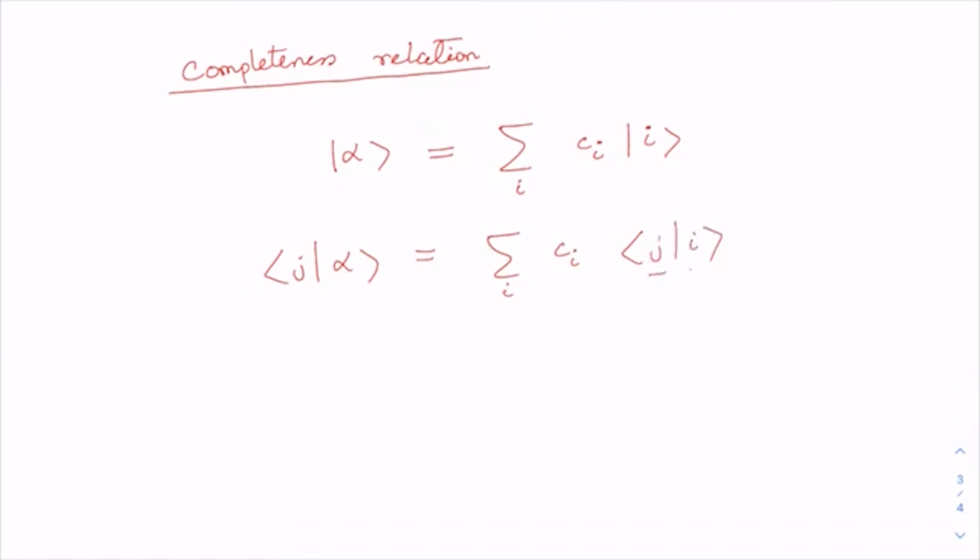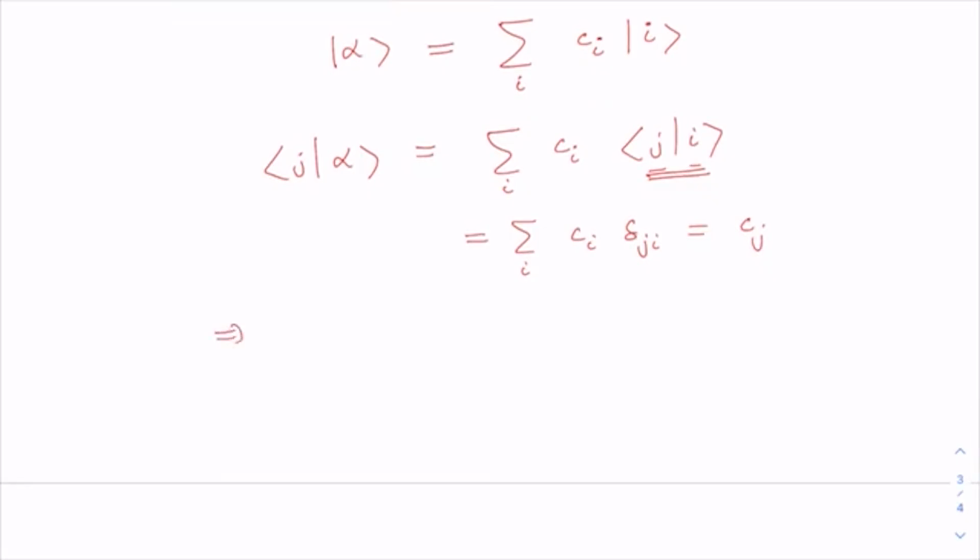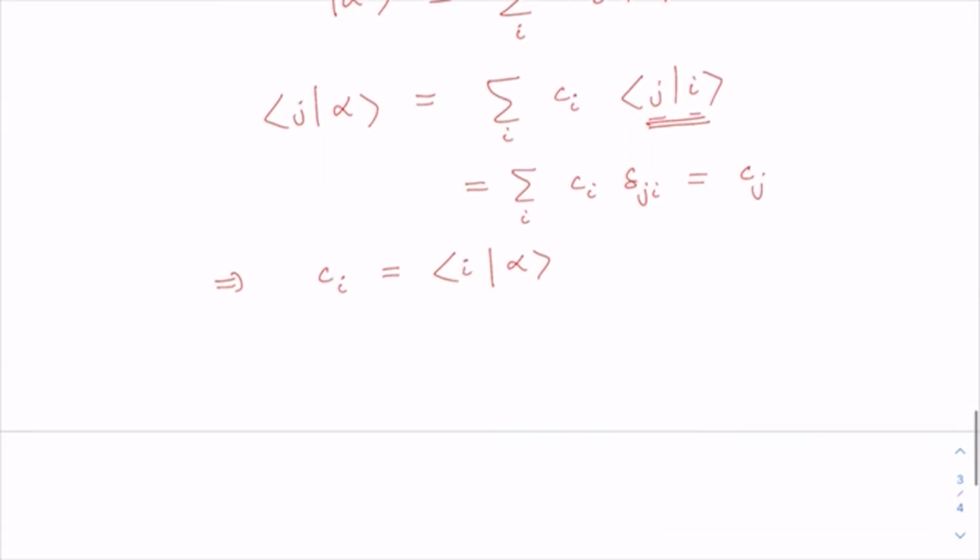Because these are eigenvectors or basis vectors, I can impose the condition that this is equal to delta_ji, the Kronecker delta, and from here I get c_j. So this implies that this coefficient c_i, I can write as the inner product of i and alpha.